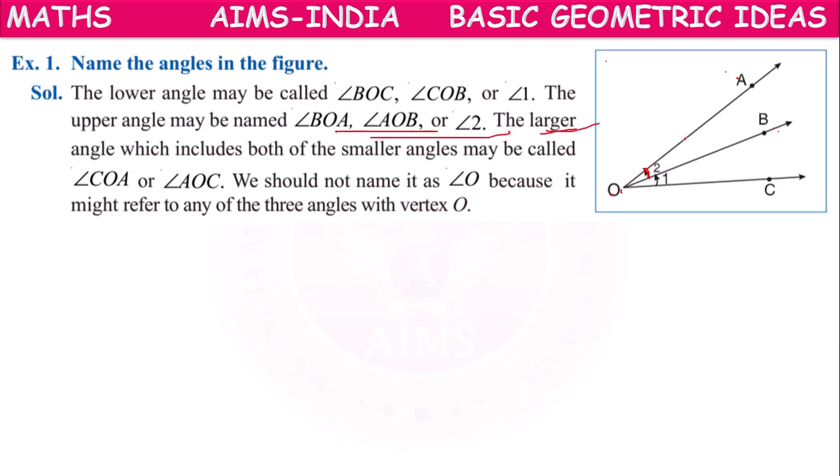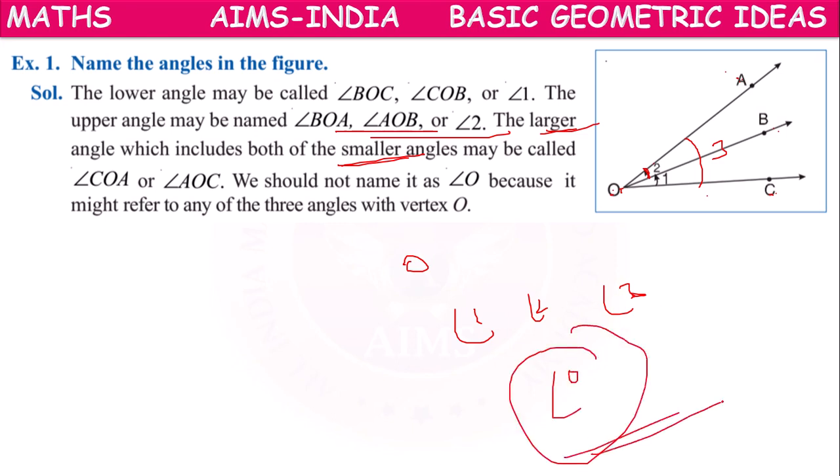The larger angle includes both the smaller angles and can be called COA, AOC or angle 3. So at O, as we are having three angles, angle 1, angle 2, angle 3, it is recommended not to represent them as angle O.